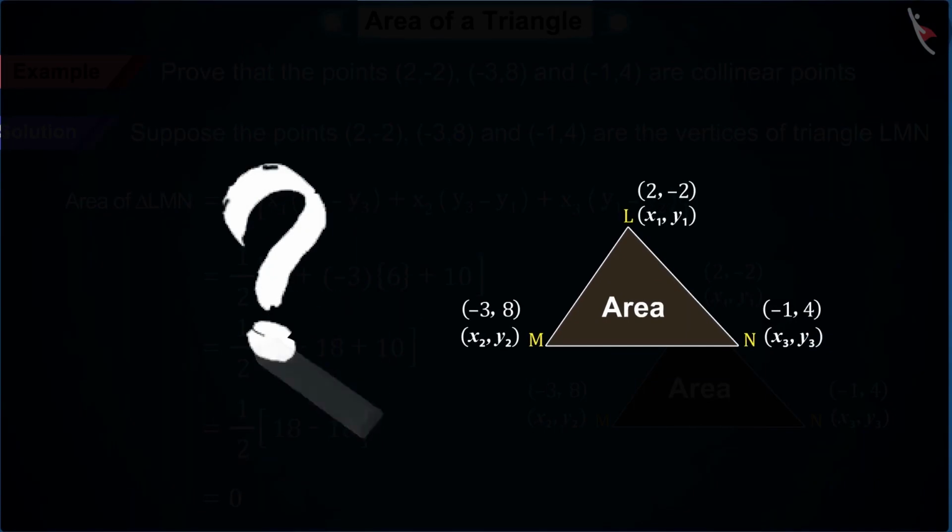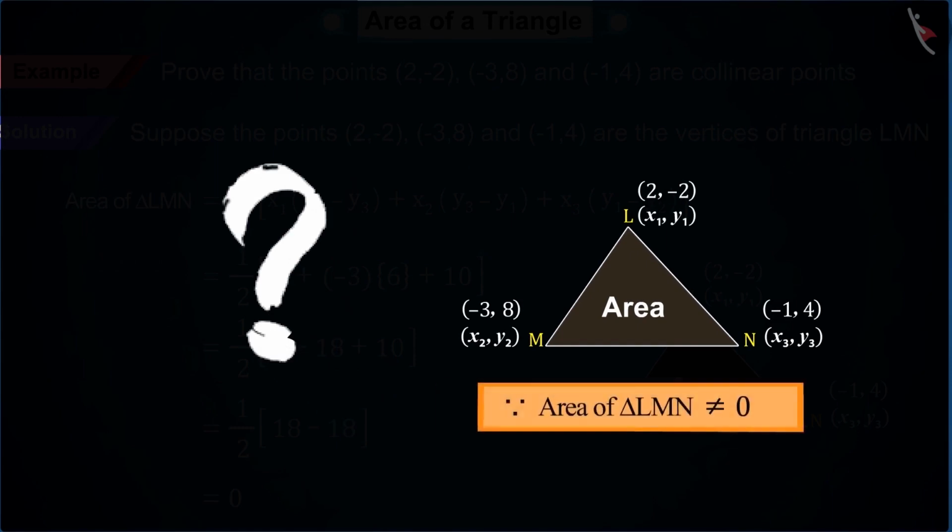Can the area of any triangle be 0? No, the area of any closed figure cannot be 0. And if the area is 0, then we can say that it does not become a figure.